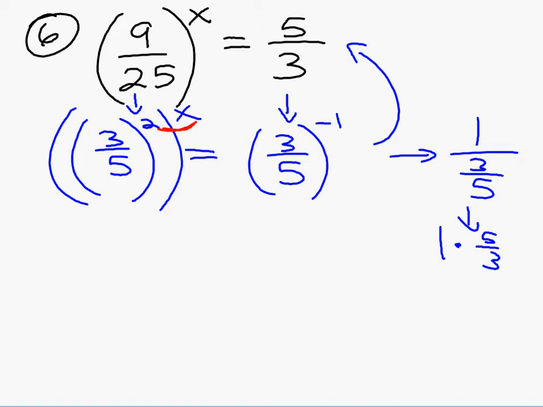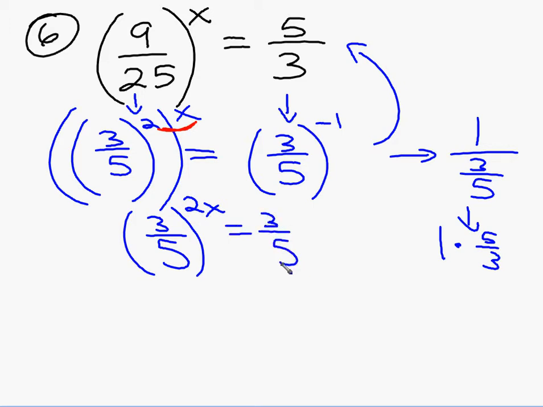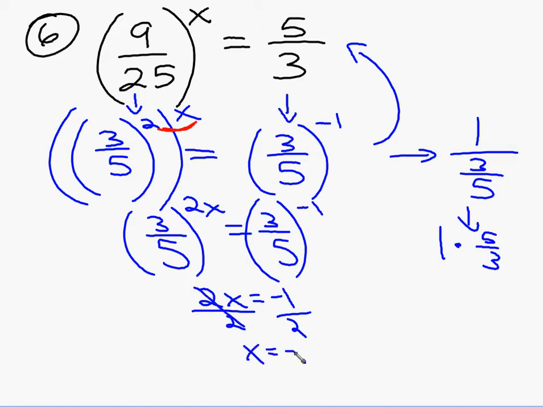So I have 3/5 to the 2x equals 3/5 to the -1, and all of the hard part is over. Now I can drop the 3/5, and I have 2x equals -1. I can divide both sides by 2. X equals -1/2.